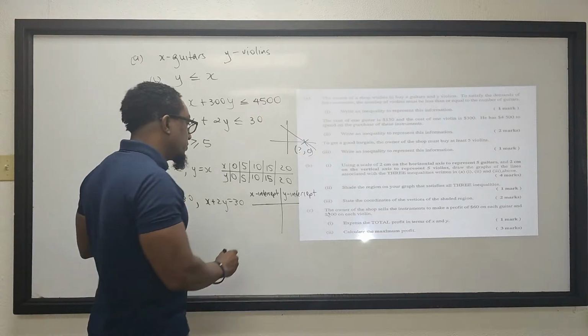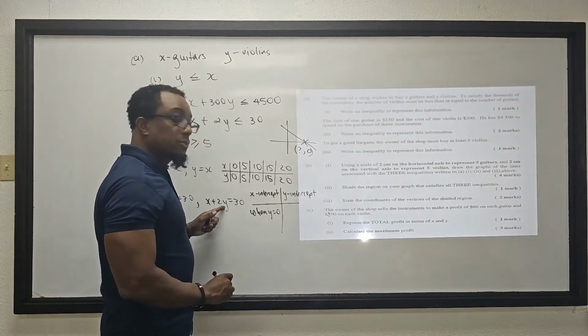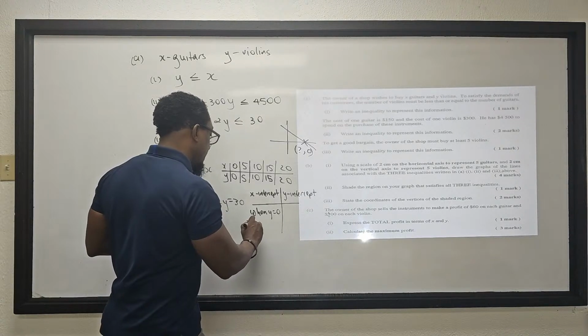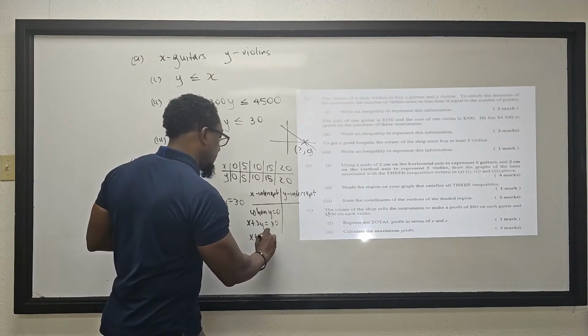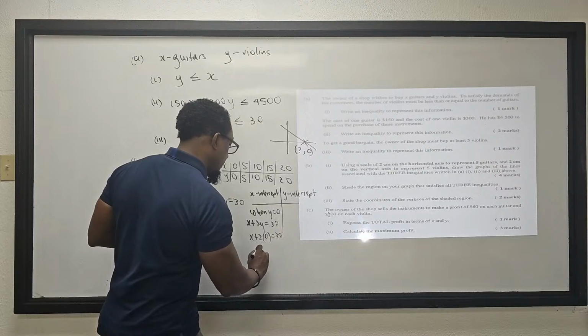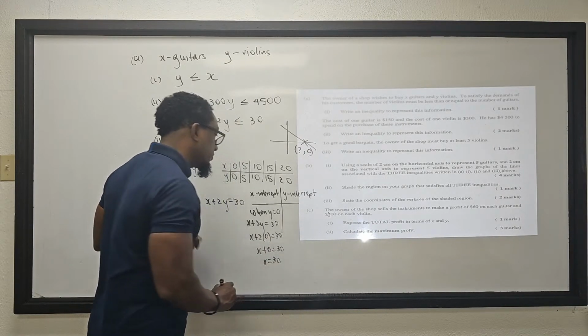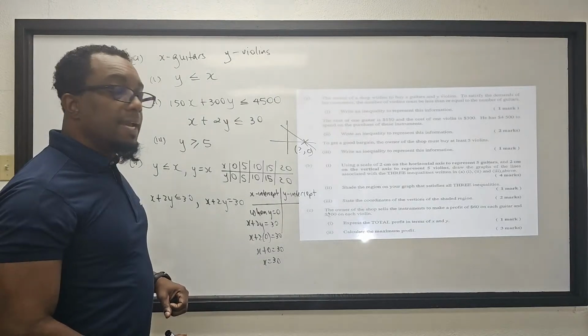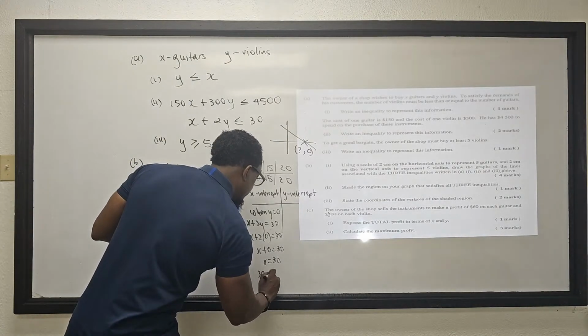So when y is 0, we're going to substitute 0 into the equation of this line. So we're going to get x plus 2 times 0 is equal to 30, x plus 0 is equal to 30, x is 30. So therefore the x-intercept coordinates will be 30, 0.